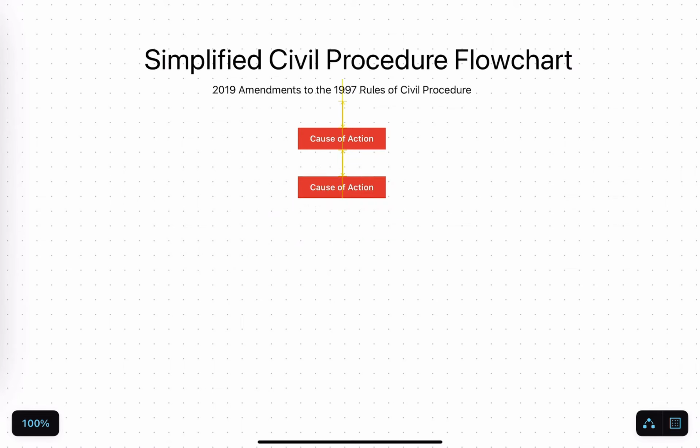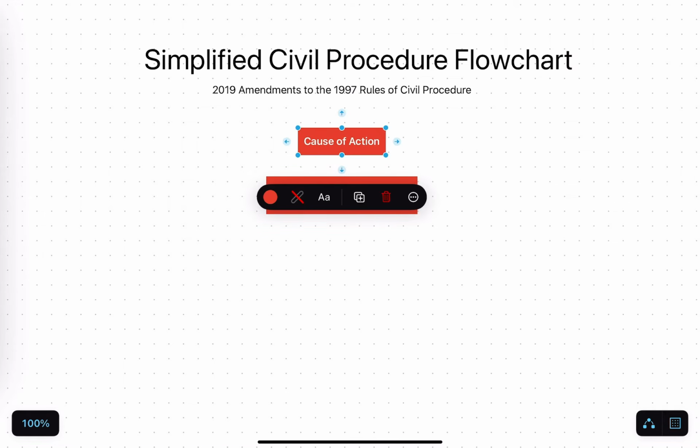So after that, there's filing of the complaint by the complainant. So let's make it a little bigger. Okay. So after the filing of the complaint, what are the requisites?